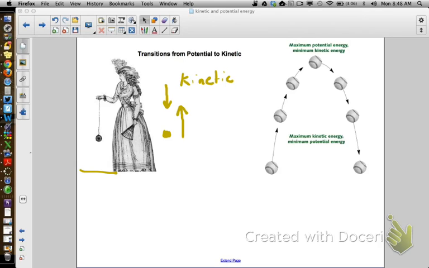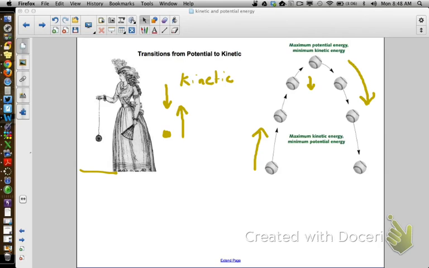When you see things in motion, things are transitioning from kinetic energy to potential, but it might still have one or the other. Let's take a look at this example with the baseball. As it's going up, it is decreasing in its kinetic energy because gravity is pulling it down, but it's also increasing in potential, which means it has a greater potential that as it falls, as we see later, it will have more energy.